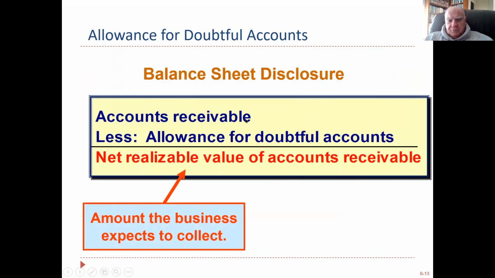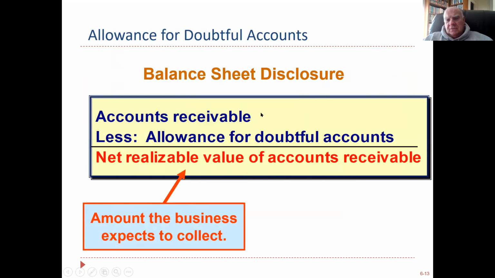You're going to have accounts receivable, whatever that number is, less the contra receivable account, which is an asset account with an opposite balance, meaning it has a normal credit balance. Pull them together, subtract it, you get net receivables or net realizable value of accounts receivable. This is the amount they actually expect to collect.